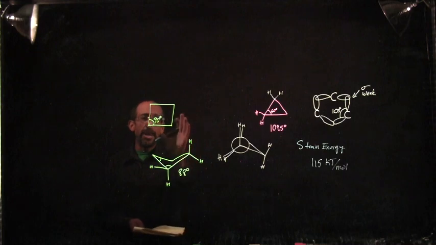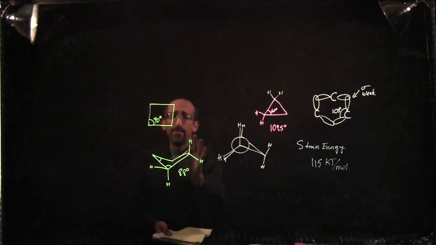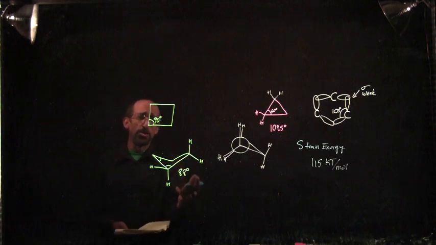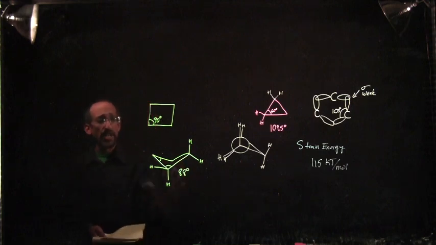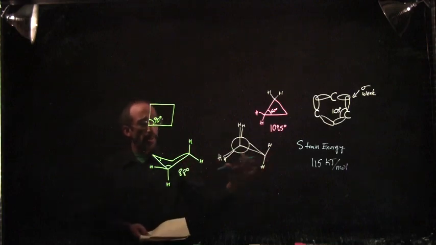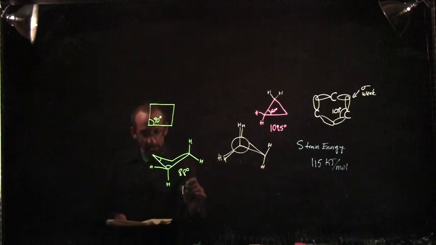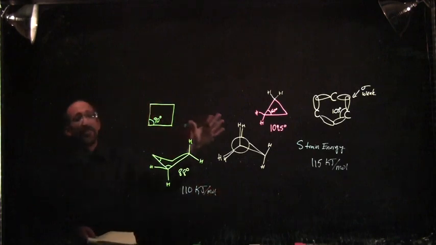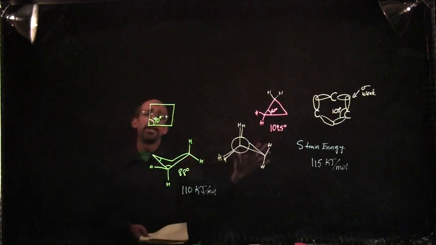Now, if we sum up the total strain in cyclobutane, again, angle strain, torsional strain, and steric strain, we find that it's actually pretty close to cyclopropane at about 110 kilojoules per mole. So these are both very highly strained systems.